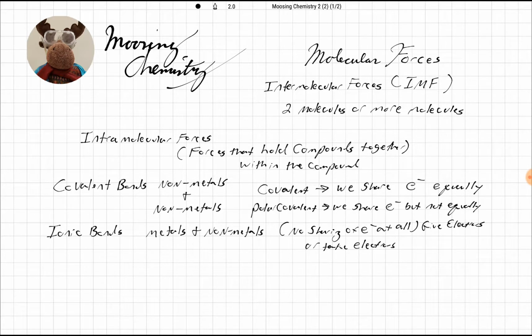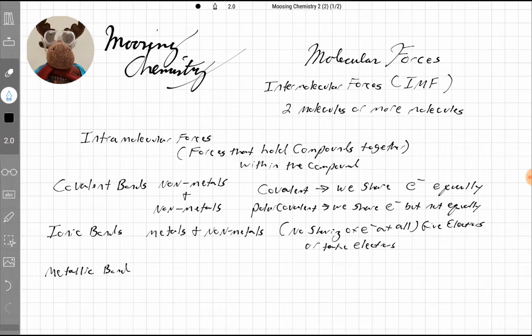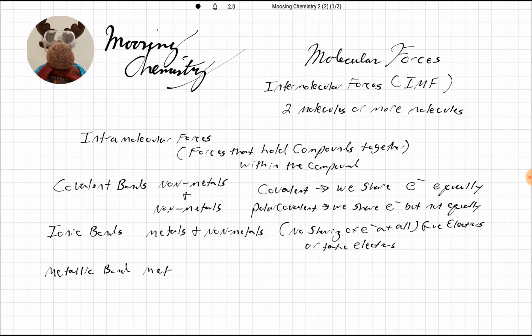And last but not least, there's this really weird one called a metallic bond. Now, a metallic bond is kind of strange. It's between metals, basically. It's metals and metals. And the best way I can describe it is metal cations. And a cation is a metal that has given up its valence electron, right?